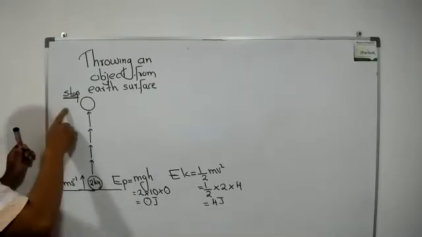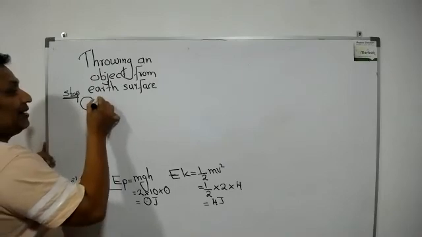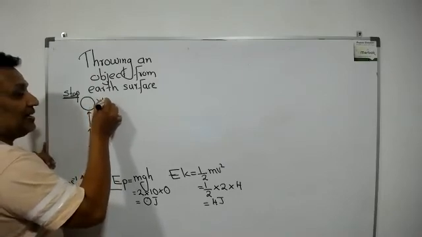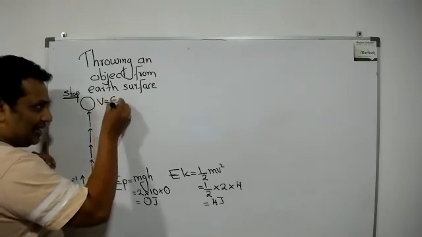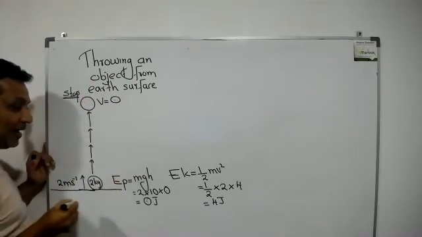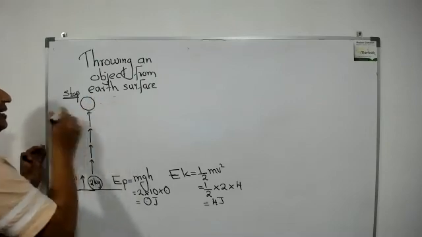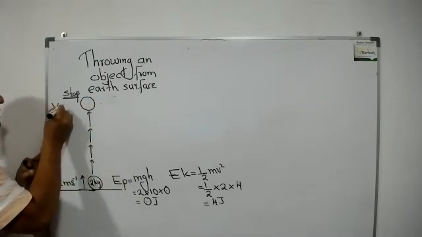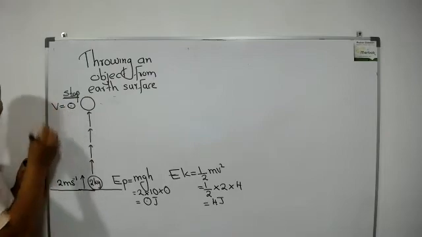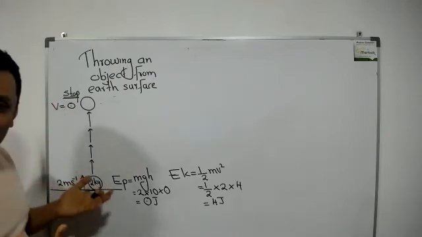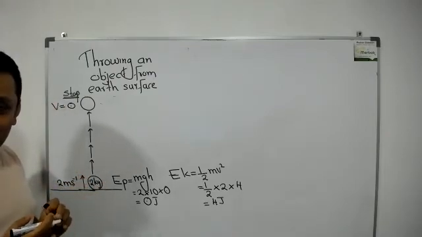So, when it stops, it means its velocity is becoming 0. Do you agree? Its velocity is becoming 0. That is why it is stopping. Am I right?